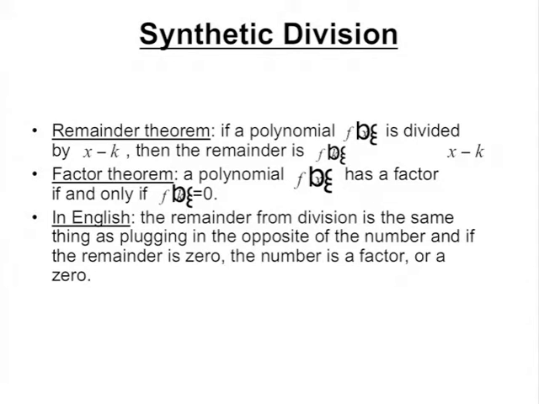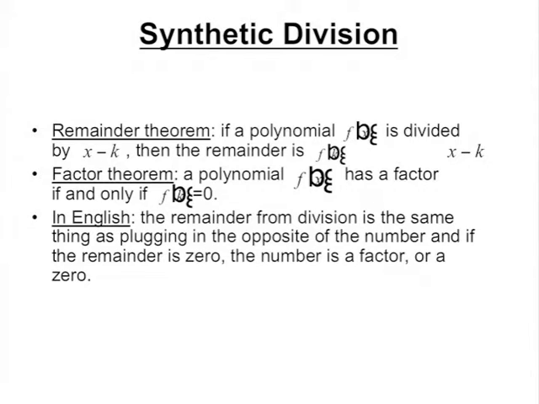The remainder theorem says if a polynomial f of x, so that's our equation, is divided by x minus some constant, then the remainder is f of the constant. It's what you get when you plug that constant in. Well, we just learned a new way to plug in numbers. So that plugging in, the remainder theorem tells us, is actually a remainder from a division problem.